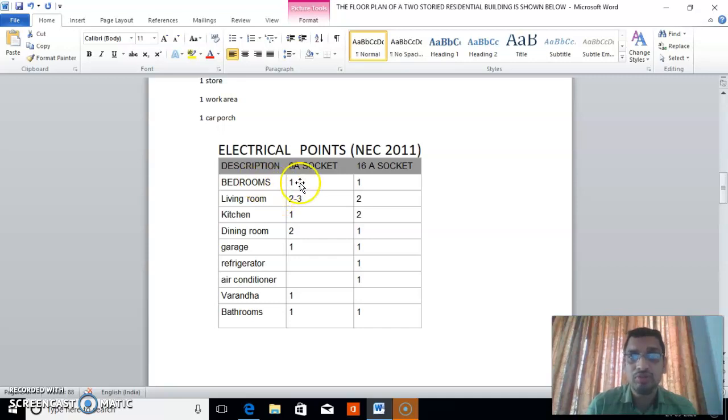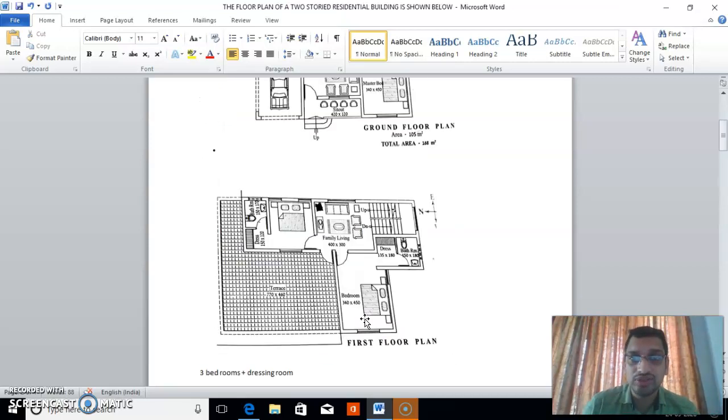So in bedroom, we need one number of 6 ampere socket, one number of 16 ampere socket. Okay, then living room 2 to 3, and 16 ampere socket 2, and kitchen 1, 2, dining room 2, 1, garage 1, 1, refrigerator 1, air conditioner 1, veranda 1, bathroom 1, 16 ampere 1. That's all. That is the electrical sockets need to install in a different type of room.